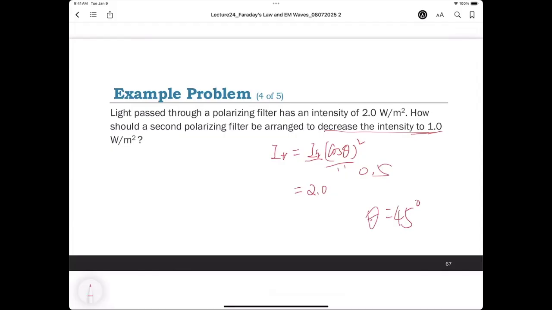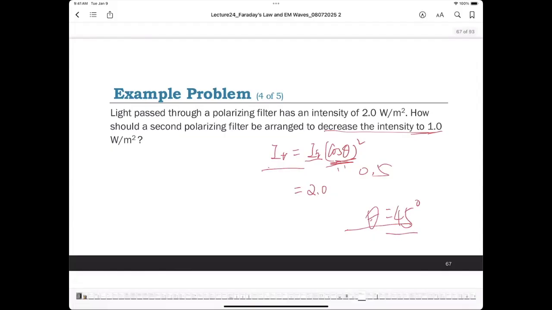We just use Malus's law to find the intensity of light through the second filter, and then get theta. Theta is 45, and then you put the second polarization filter at a 45 degree angle. Does that make sense to you?